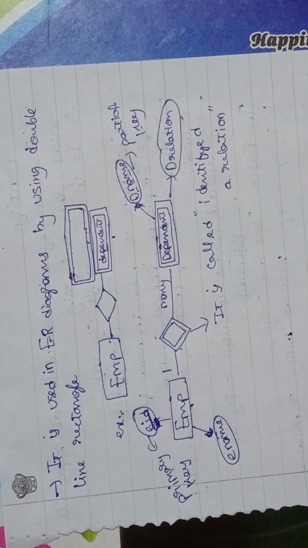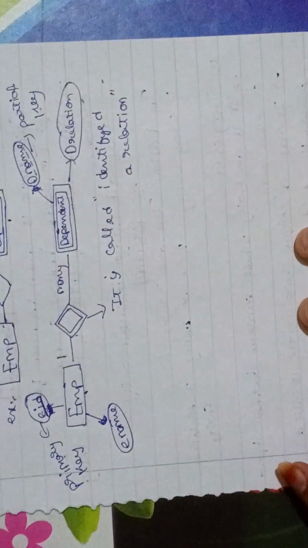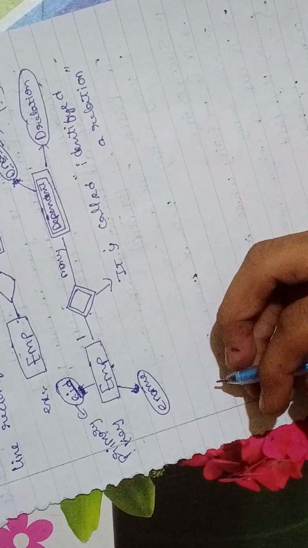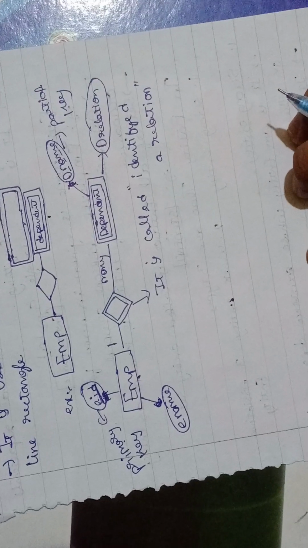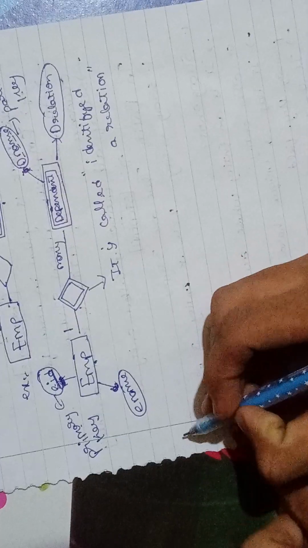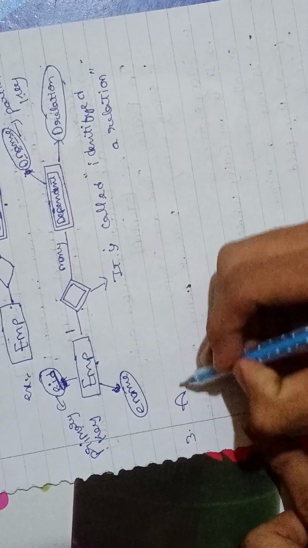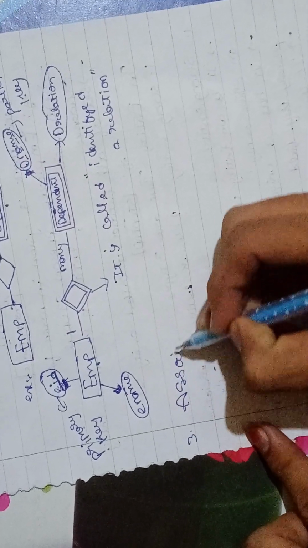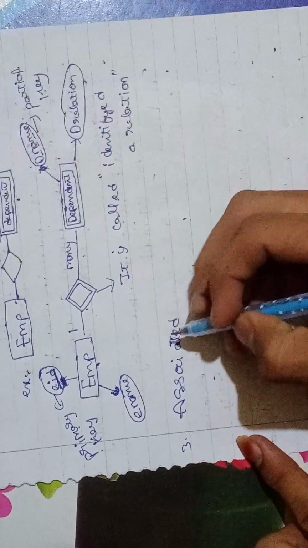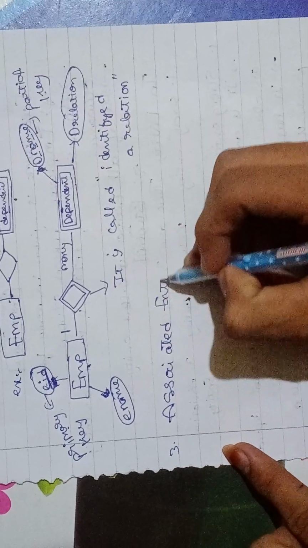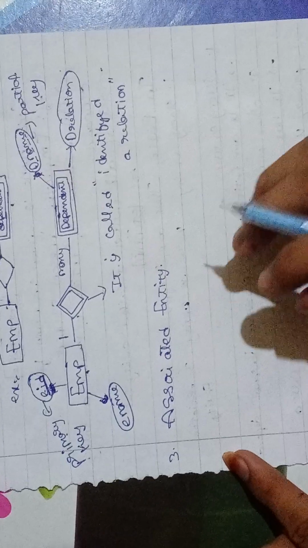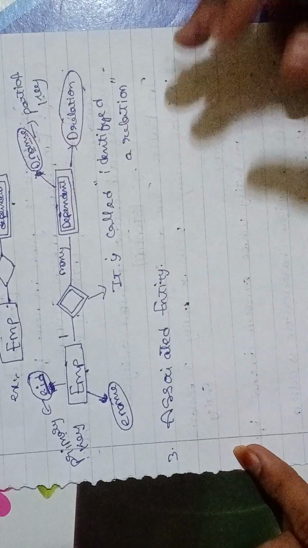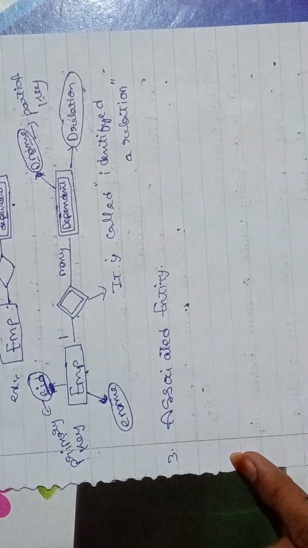Another, the third one, we can see is the associative entity. It means a combination of a relationship and an entity.